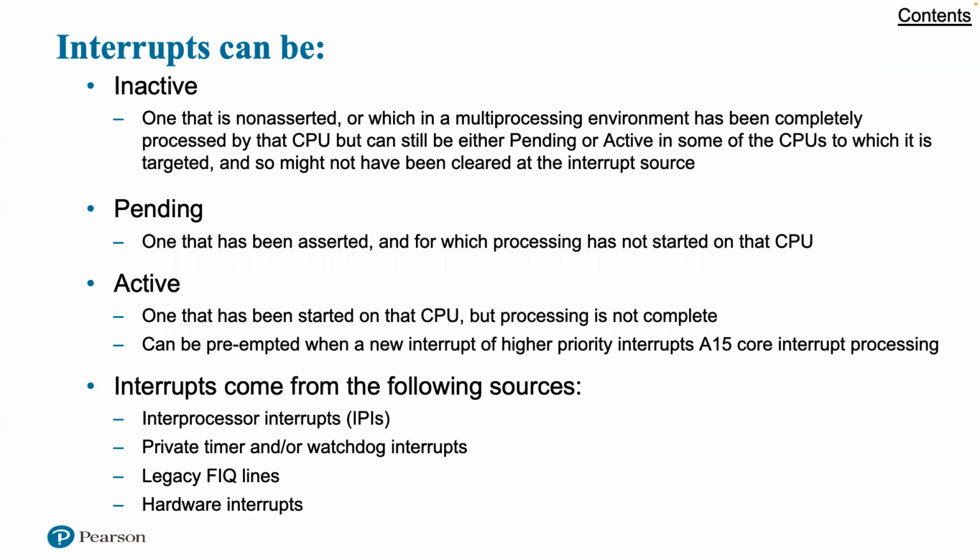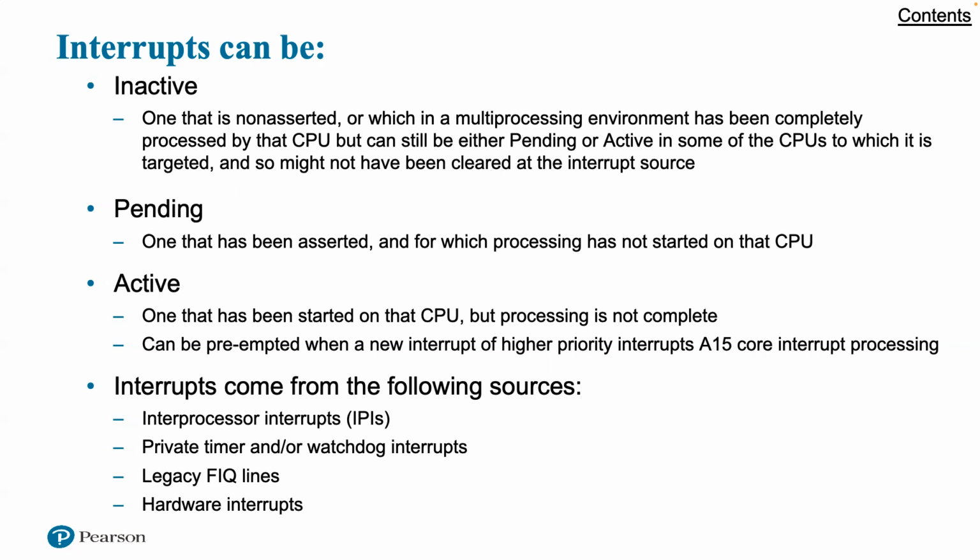From the point of view of an A15 core, an interrupt can be inactive. An inactive interrupt is one that is non-asserted, or which in a multi-processing environment has been completely processed by that CPU, but can still be either pending or active in some of the CPUs to which it is targeted, and so might not have been cleared in the interrupt source.